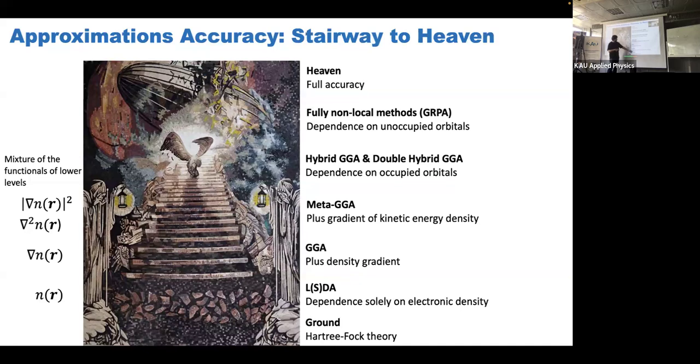It depends only on electronic density. Then we improve this and we add some density gradient. So that's not constant now, but it has some gradient. It differs in some way. So here is the gradient. Then we make another improvement, MetaGGA. So I add the gradient of kinetic energy density.